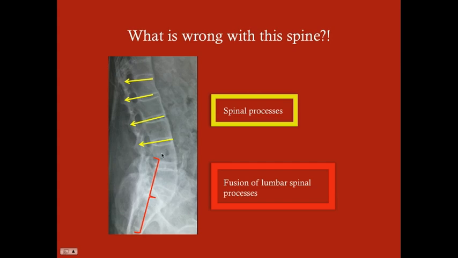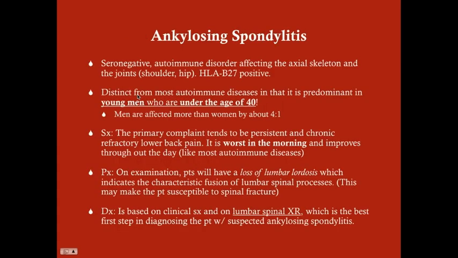So this would be your normal lordosis here, but your curvature of the spine is along the spinal processes here. And that is a loss of lordosis. So a loss of lumbar lordosis is one of the big physical features that you should see, and that's just due to the fusion of the spinal processes. And that's because of the chronic inflammation. This also makes the patient more susceptible to a spinal fracture.